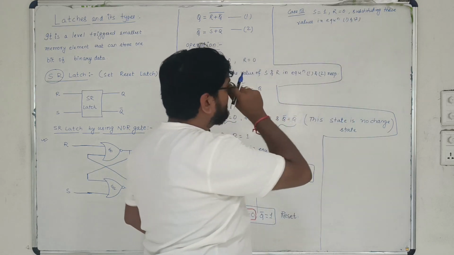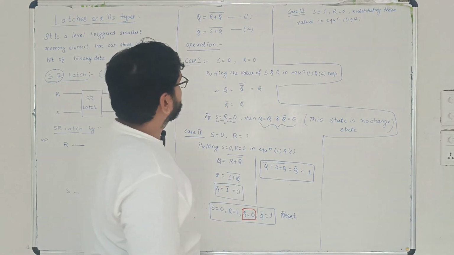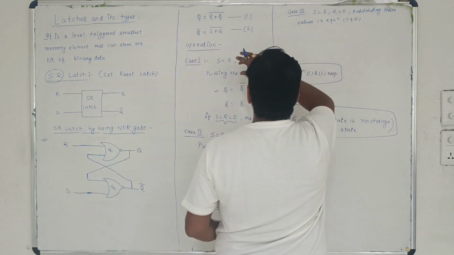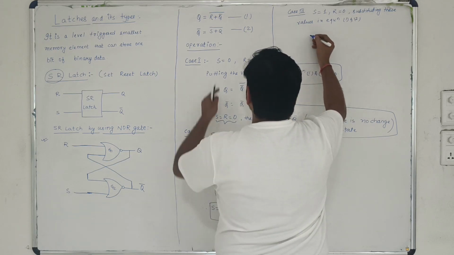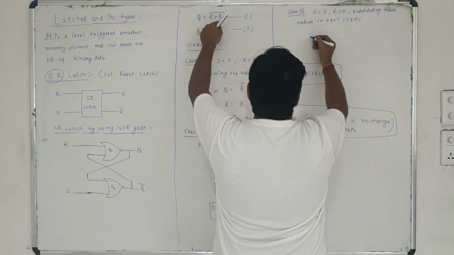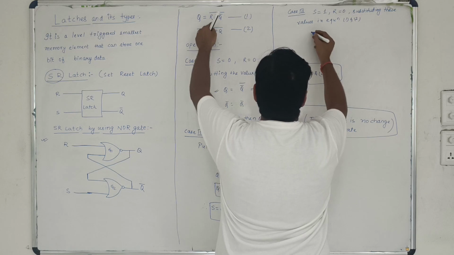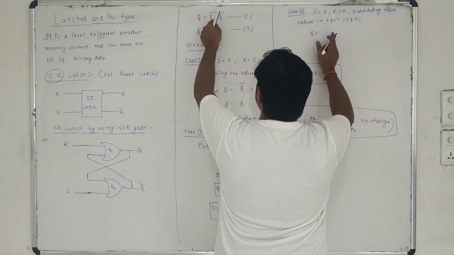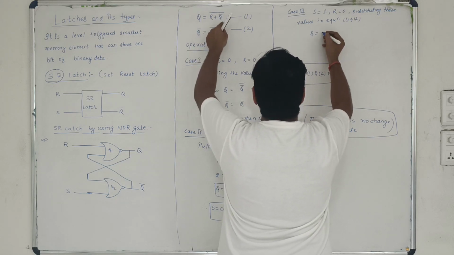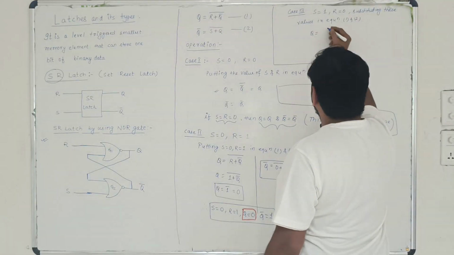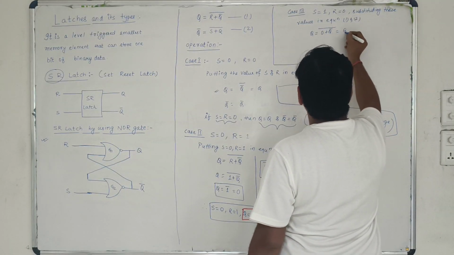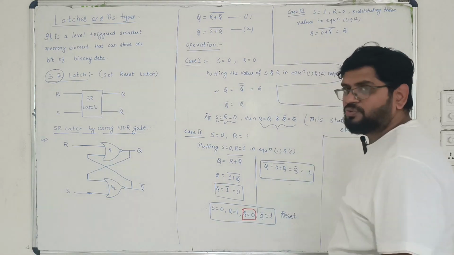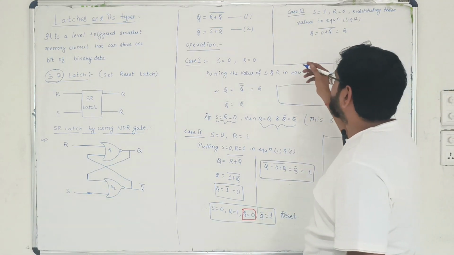If I substitute S equals to 1 and R equals to 0, you can go for any of these. Let's suppose R equals to 0. So Q equals to (0 plus Q bar) whole bar. 0 plus Q bar is Q bar, and Q bar whole bar is nothing but Q. So we are getting Q equals to Q, that is the same thing we obtained.